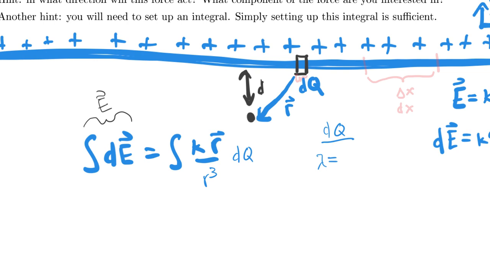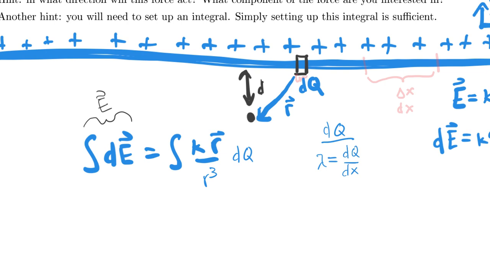So if you look at this little piece right here, the amount of charge per unit length you could think of as dq over dx.